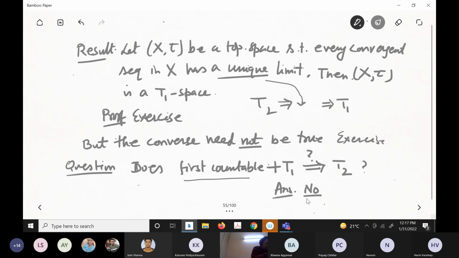But the converse need not be true: you have a T1 space in which a convergent sequence has more than one limit. So this is an exercise. I'm leaving all this to you.